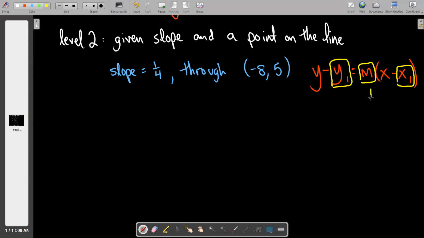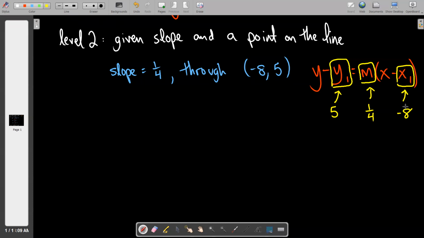Right, so we're going to put a 1/4 right there, because that's the slope, of course. And then what are we going to put right here in place of y1? Very good. That's where the y coordinate of the point goes. And what's going to go here in place of x1? That's not an 8. That is -8. And so you've done this. You did a whole assignment of this, quite frankly.